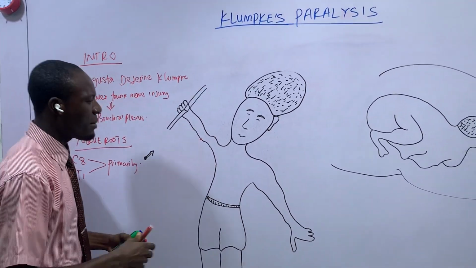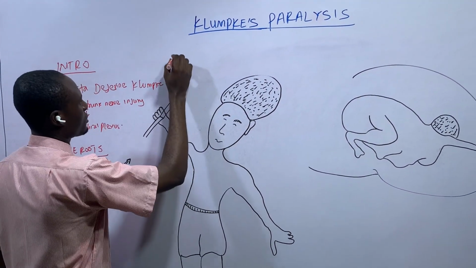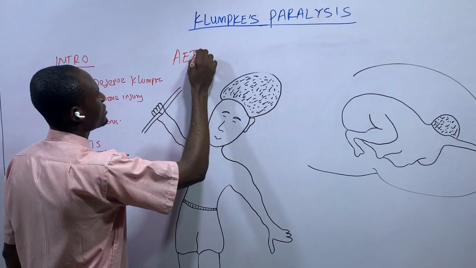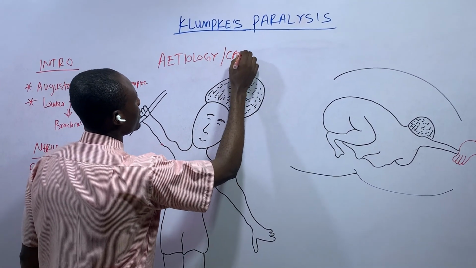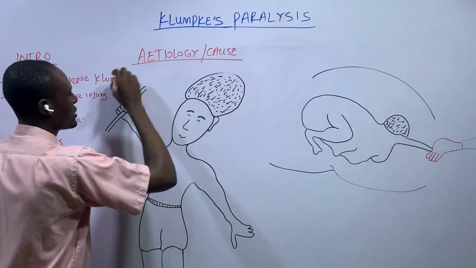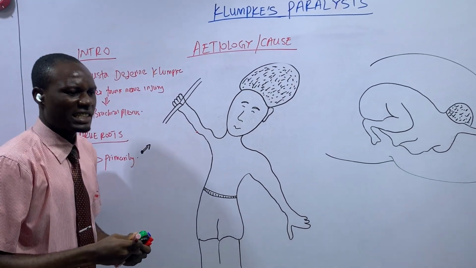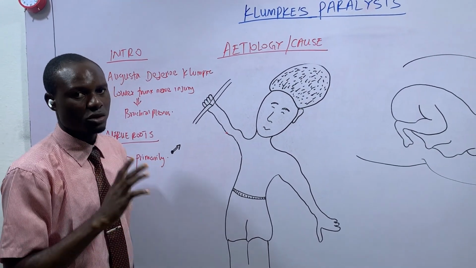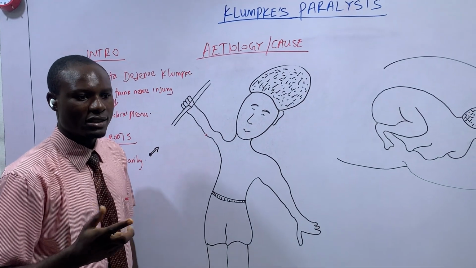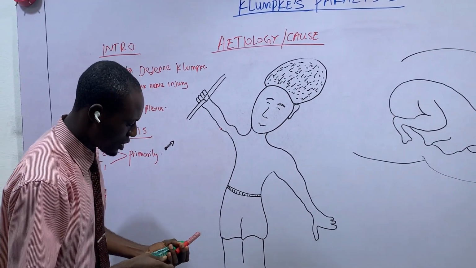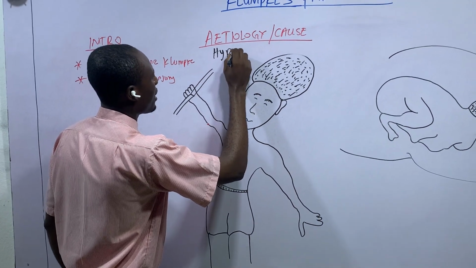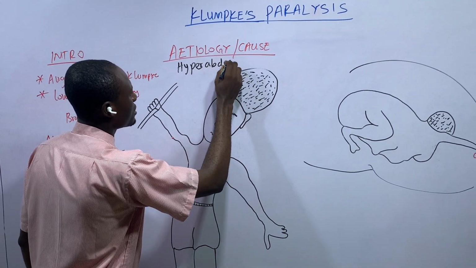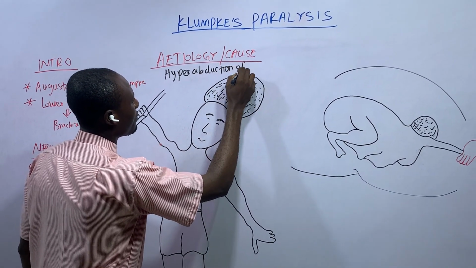And what is the primary etiology, or the cause, or the mechanism by which this occurs? Well, there's a simple word to use for that. And guess what that word is? Hyperabduction. So the primary cause is hyperabduction of the arm.